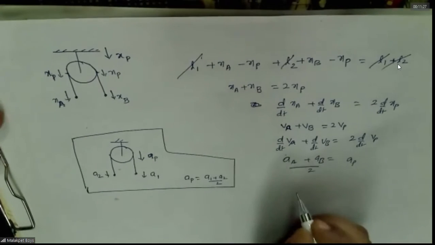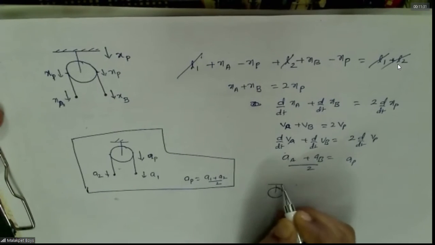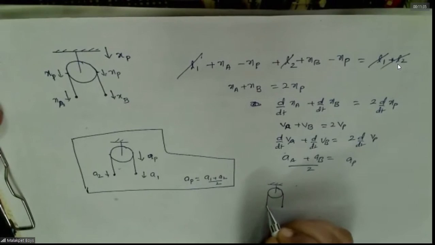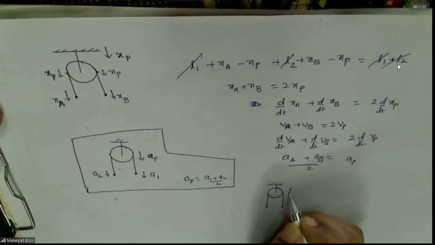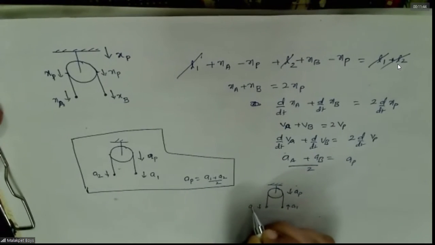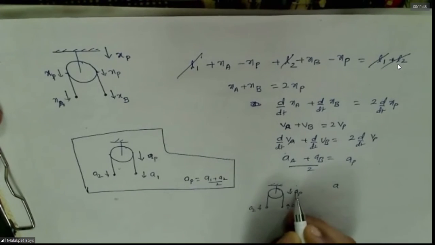Now suppose you are having a situation. This is a motion of pulley, this is A1, this is A2. Then what you have? See, both are in the same direction, no?